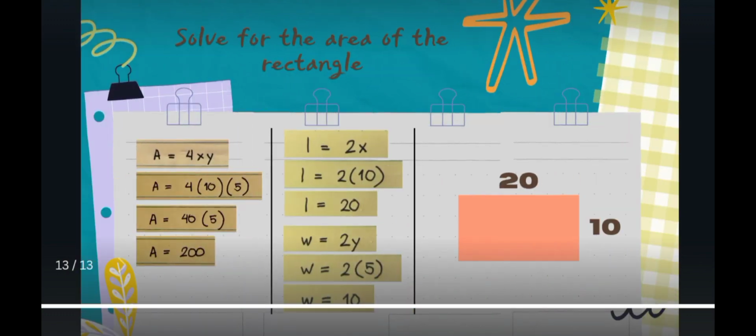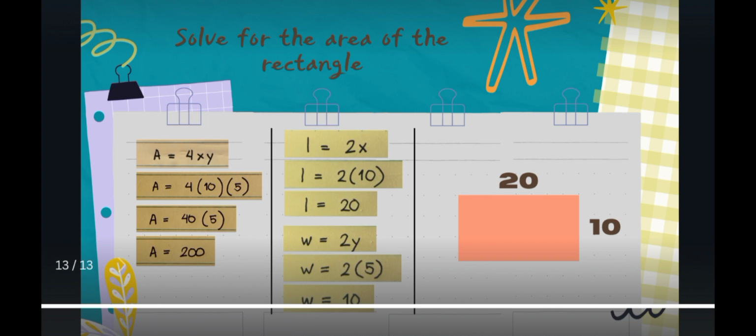So now let's substitute the values that we got. A is equals to 4xy. Our value for x will be 10 and our value for y will be 5. So A is equals to 4 times 10 equals to 40 times 5 is 200. And that's our maximum possible area for the rectangle inscribed in the ellipse.